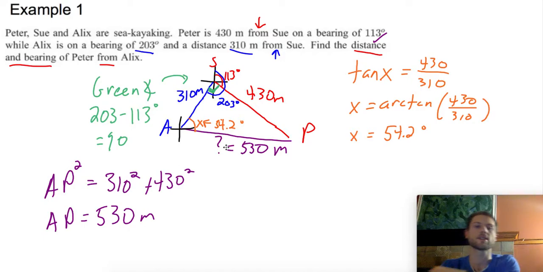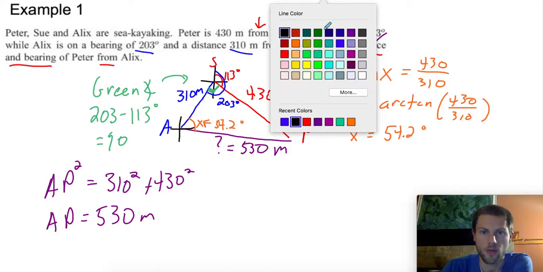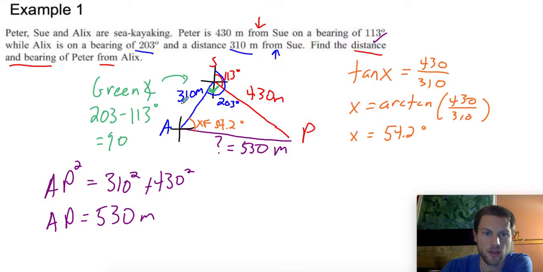Now, unfortunately, that's not quite our bearing, right? That's just the angle opening from this blue line to this purple line. But I want to figure out how far away it is from north. But we're not hopeless, right? We can figure out what this angle is between north and this blue line.